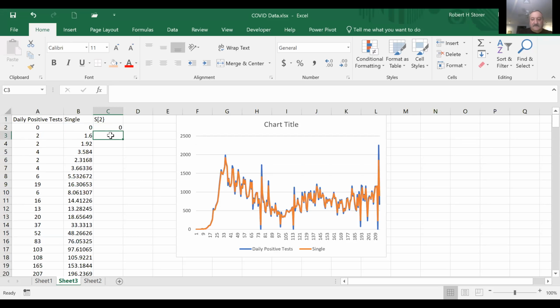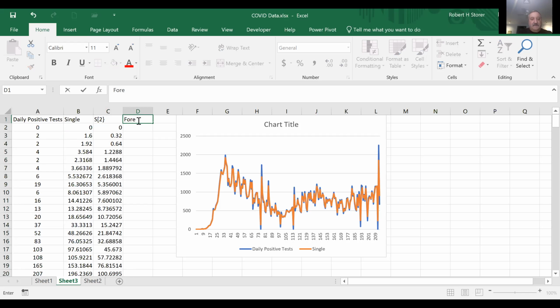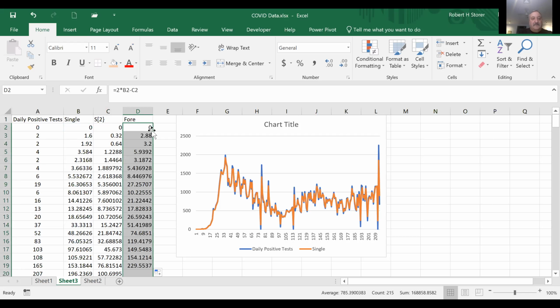I say this is equal to 0.2 times the most recent value plus 0.8 times the previous. That would be my double smooth, and then my forecast in double smoothing would be equal to 2 times the single minus the double, and that would be my double exponential smoothing forecast.